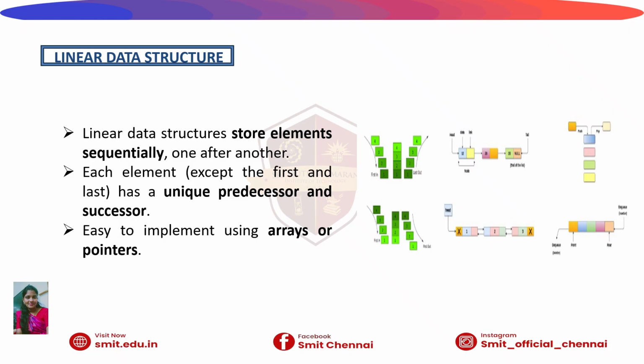Is this similar to how data is stored in a linear data structure? As you can see in the diagram, each element has only one previous element and one next element. So the data follows a straight line order. Let's move on to the next slide.